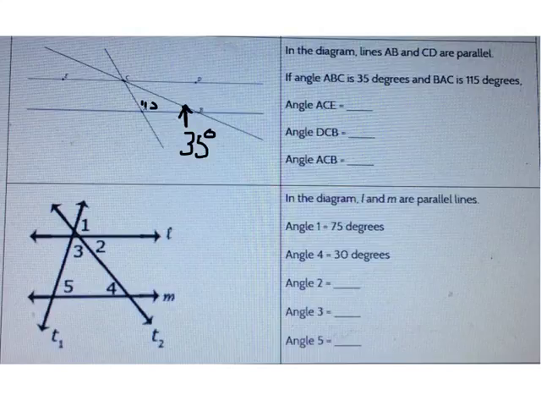Well, if angle BAC is 115 degrees, I can find angle ACE because it is an alternate interior angle to BAC. Alternate interior angles are congruent or equal. So what is angle ACE? It's 115 degrees.